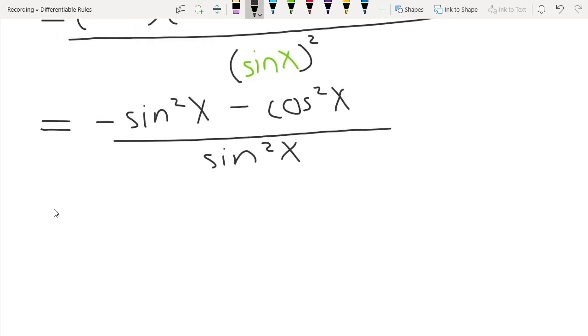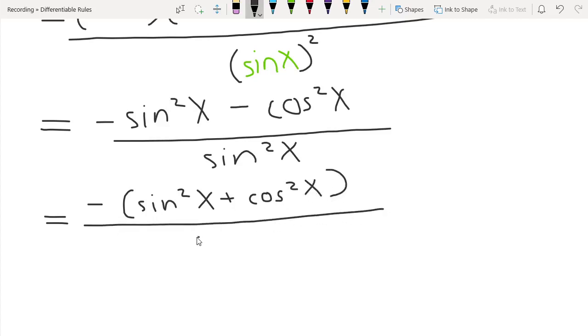So then here we can actually rewrite it as negative sine squared of x plus cosine squared of x over sine squared of x.